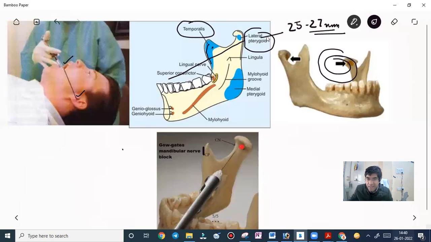So after that, what the operator will do, it will withdraw the needle. So little withdraw the needle, and the patient have to keep the mouth open for that second to allow the bathing of the nerve trunk. So that is here where we inject the local anesthesia.